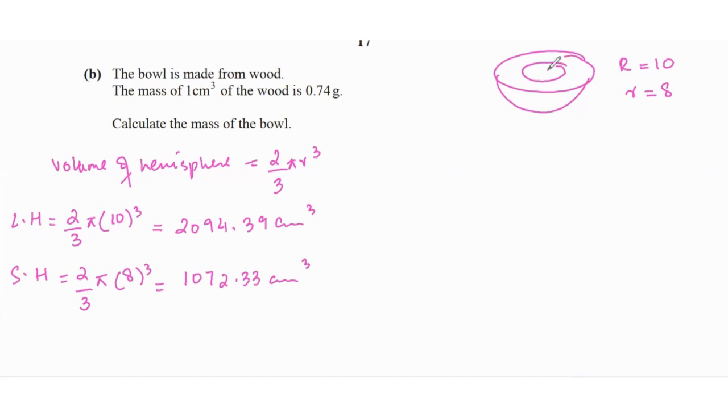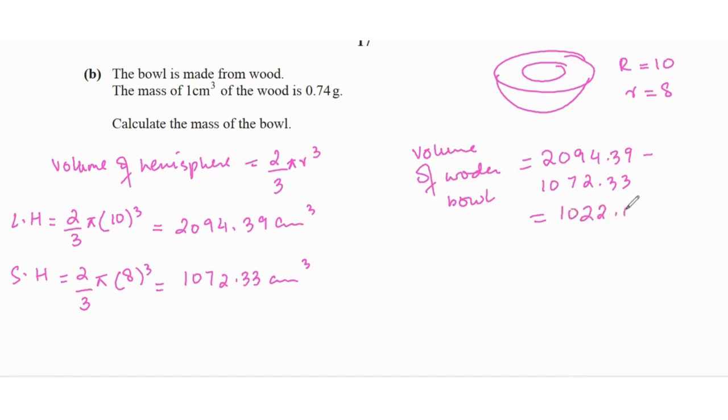So now to find the volume of the wooden bowl, we will subtract the two values. That's going to be 2094.39 minus 1072.33, and that's going to give us 1022.06 centimeter cube.